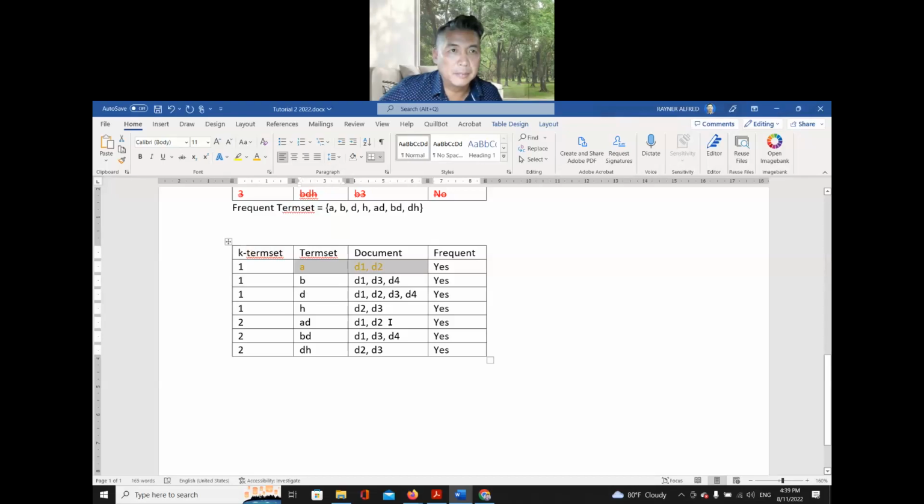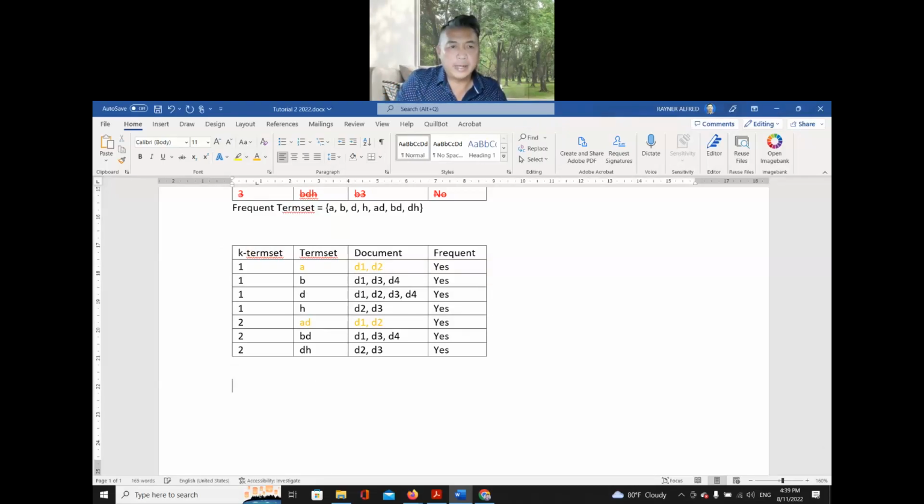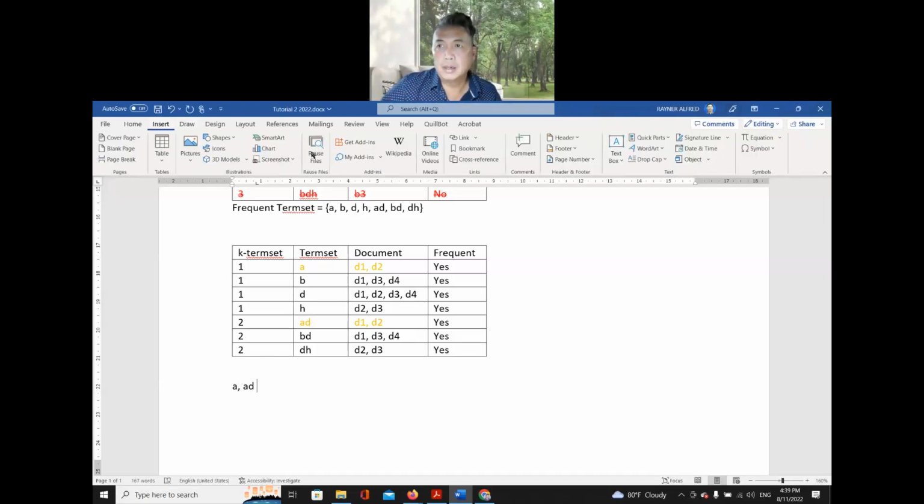So these are similar. Meaning that if I have A and AD, I will use the AD only. So I will insert symbol.